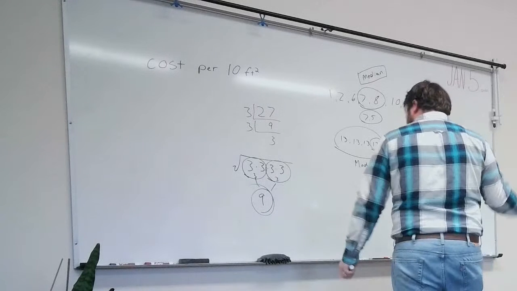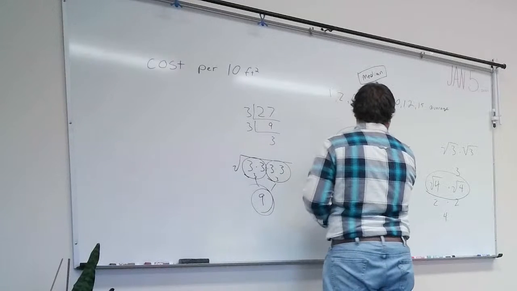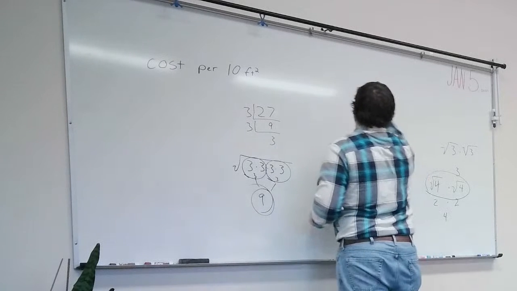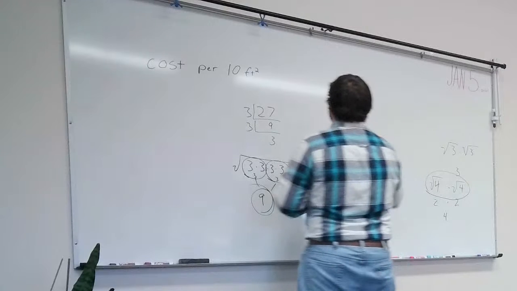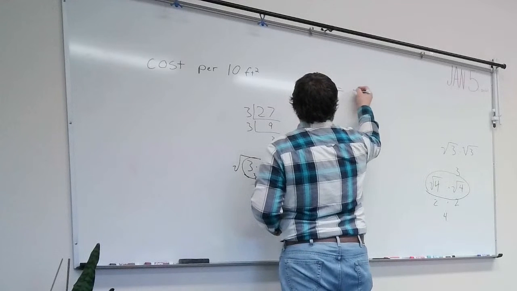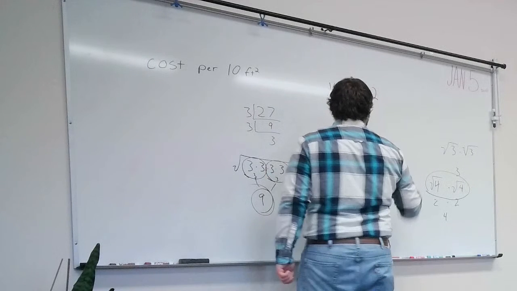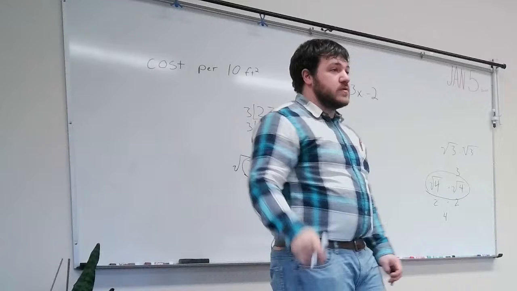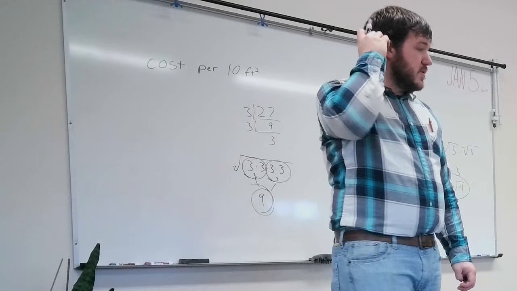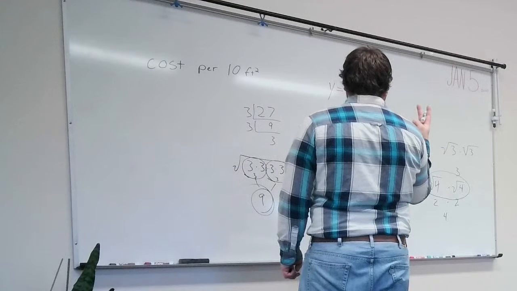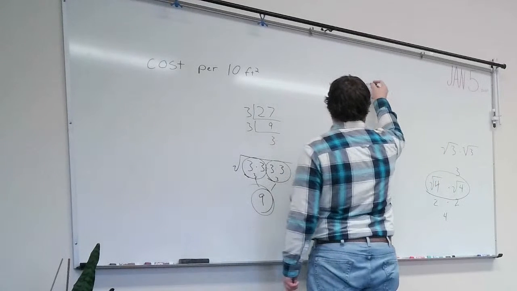I want to go back briefly to a review from yesterday. So if I have an equation that looks like this, what do I know about this equation? How would I graph this? What are the two things that I know? Negative 2 is on the y-line, so this is the y-intercept. Yep, -2.